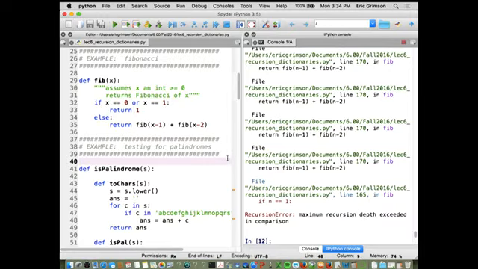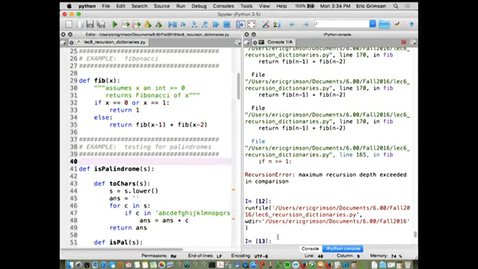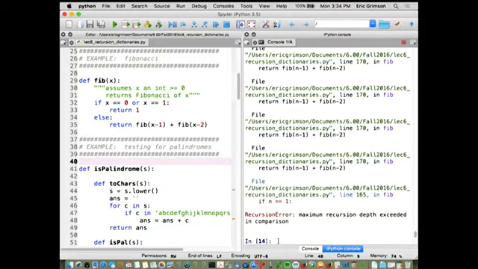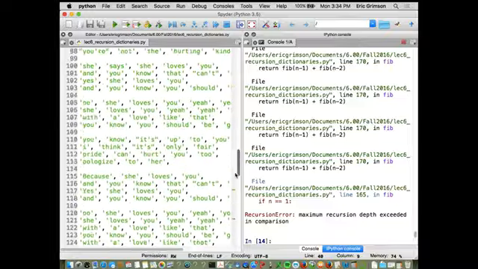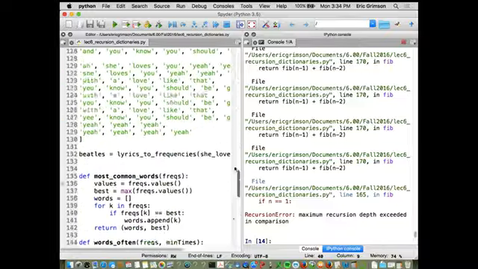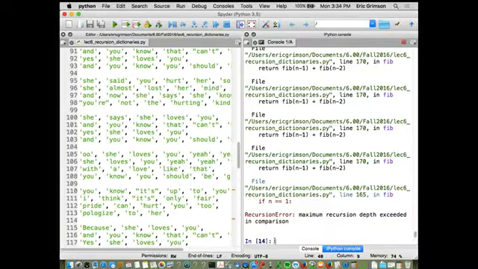Let me try it again. I'll try it one more time with fib of 0. Darn. Sorry, let me try it. I've got 2 different versions of fib in here. That's what I've got going on.